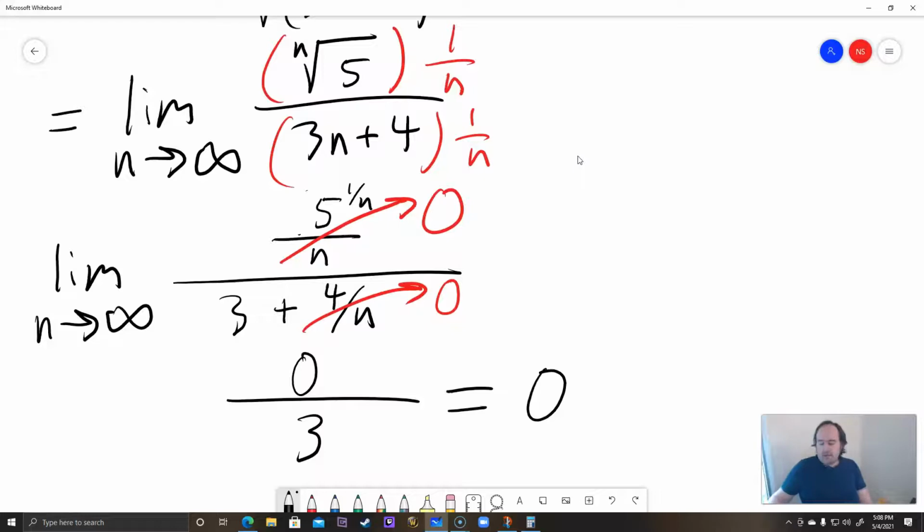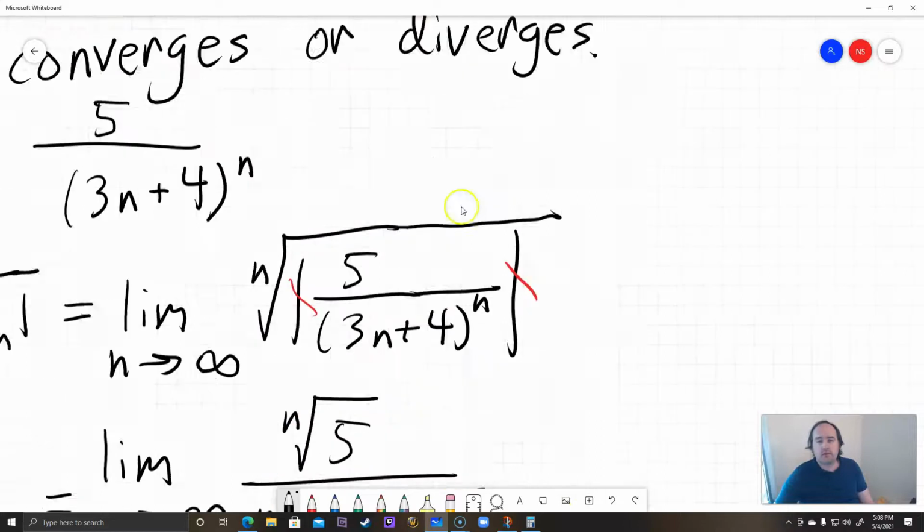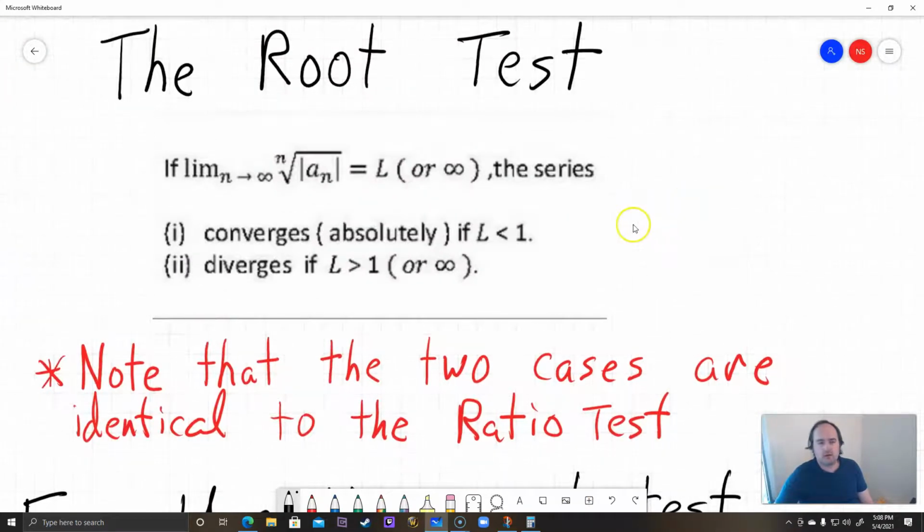Okay, and this number that we found is L. So we just figured out what L is. And then for the rest of the problem, it's just like the ratio test. When we look at our conclusion here, the two cases are identical to the ratio test. So if you watch my video on the ratio test, the first case is if L is less than 1, it converges absolutely.